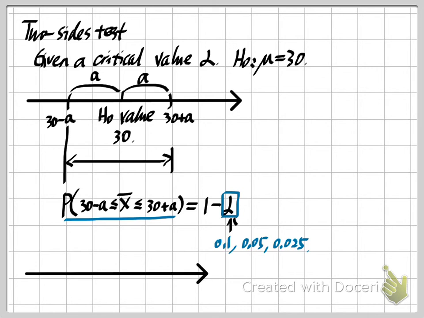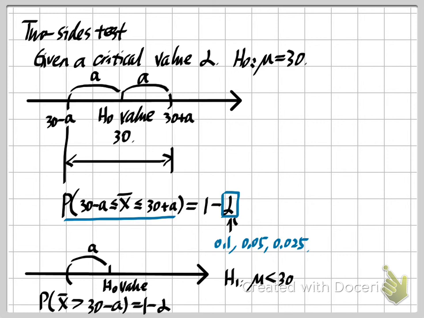Of course, this is still a region with respect to our H0, and it depends on what our H1 is. If our H1 is mu smaller than 30, then we need to find a left endpoint of our critical region, such that the probability of our test statistic X bar being greater than this value equals 1 minus alpha.